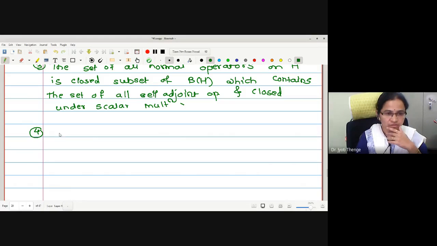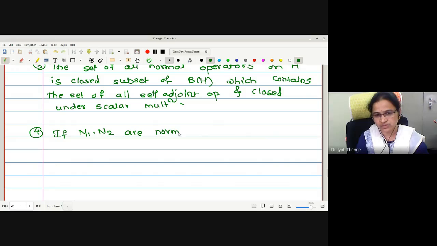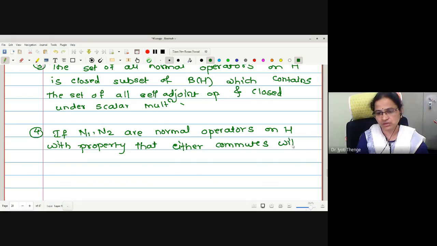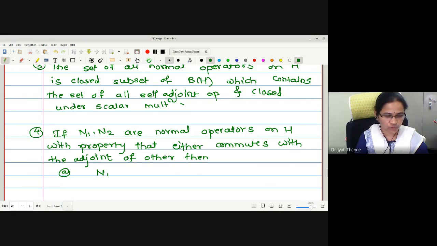Property number 4: if N1 and N2 are normal operators on H with the property that either commutes with the adjoint of the other, then we have N1 plus N2 and N1 dot N2 are normal.